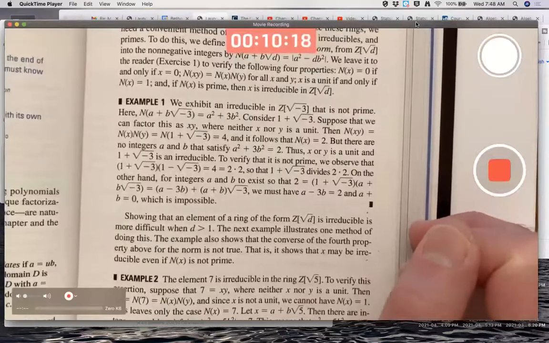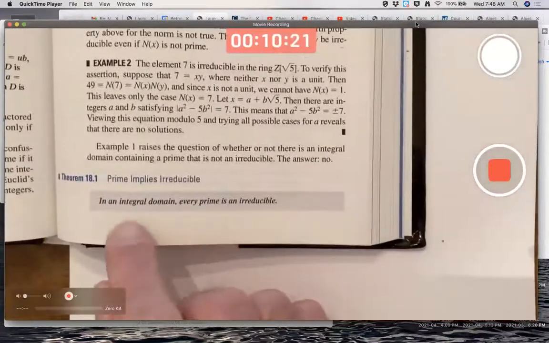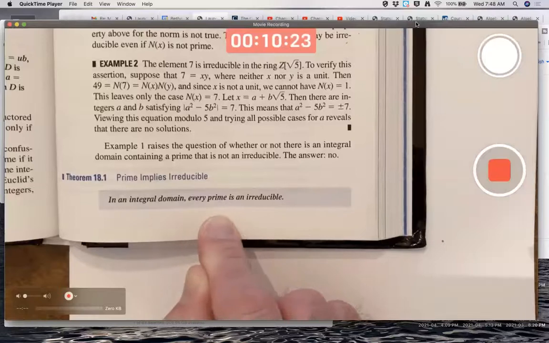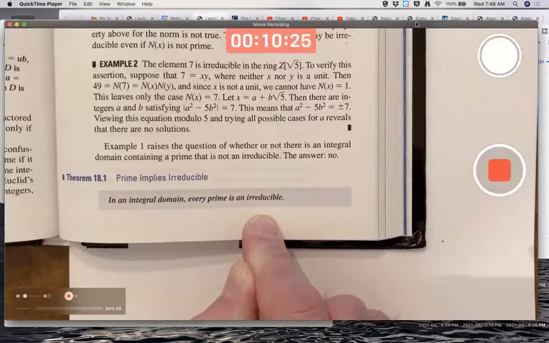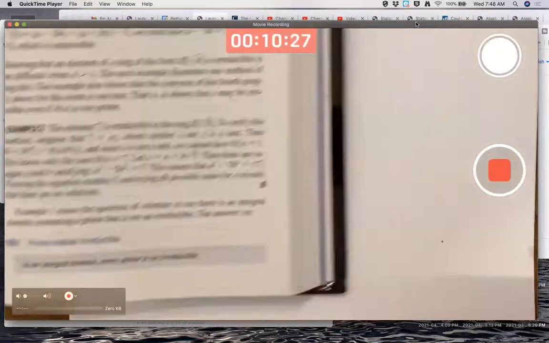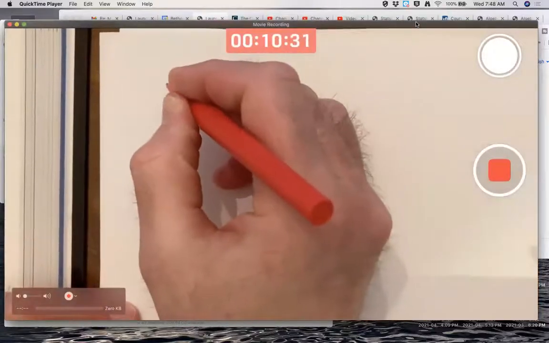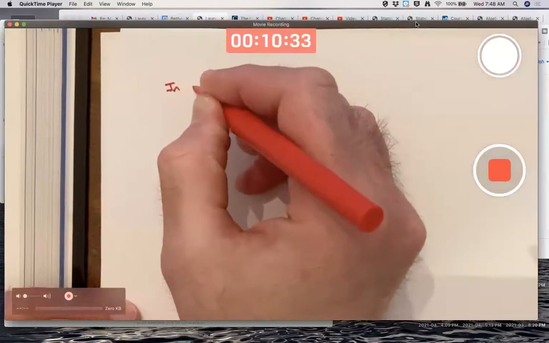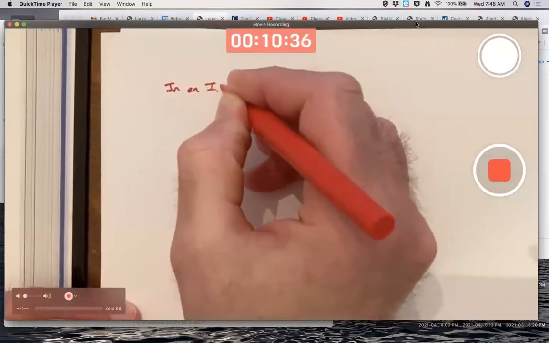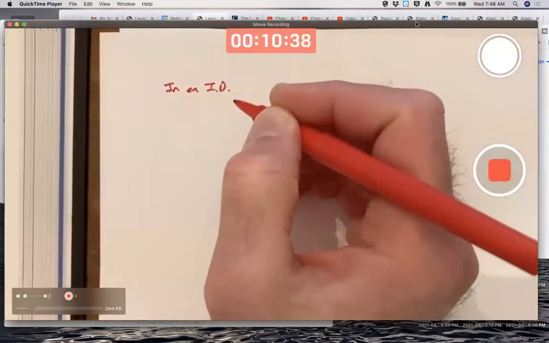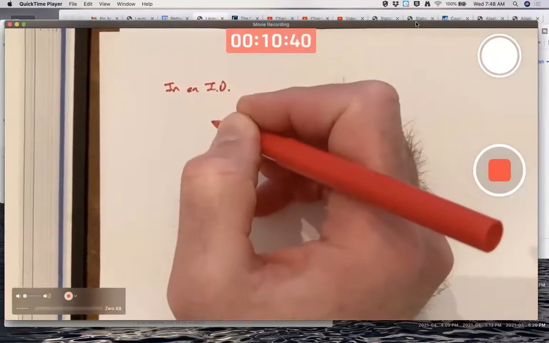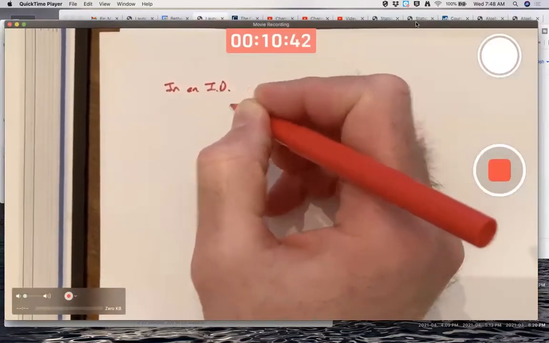On the other hand, this theorem says that in an integral domain, every prime is irreducible. So prime implies irreducible in an ID, integral domain, which is the setting that we're talking about anyway. We're always talking about integral domains here.